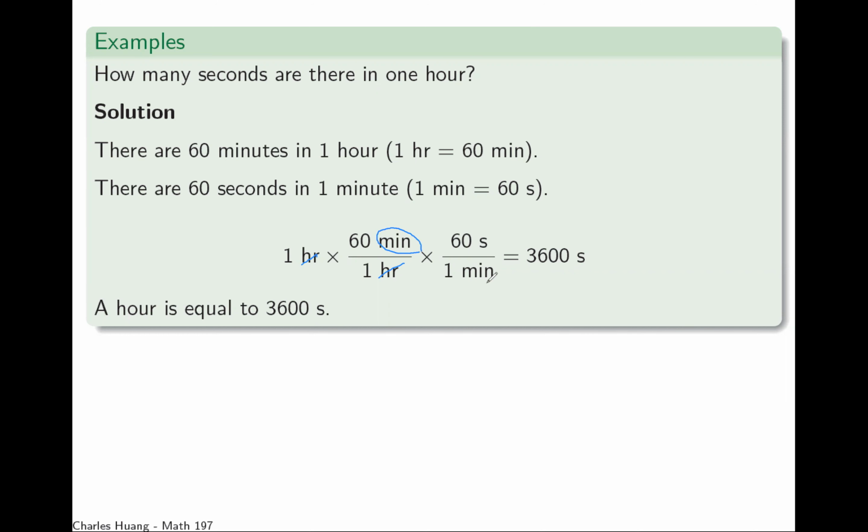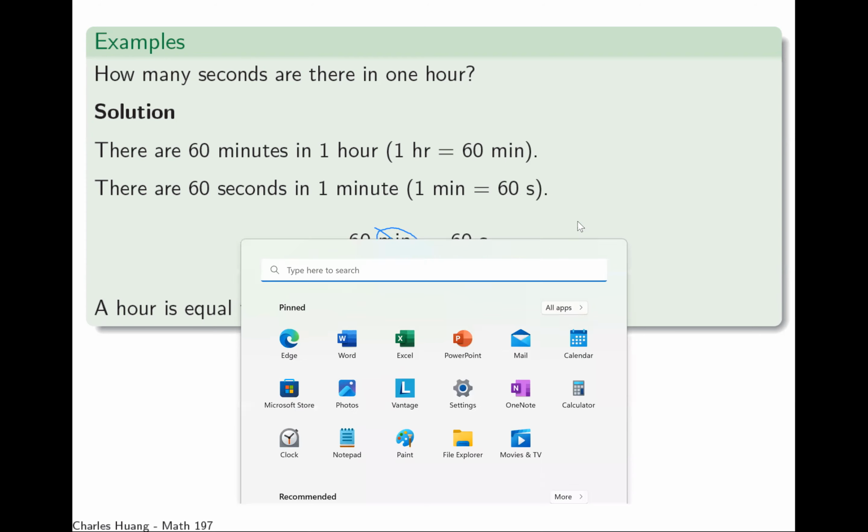So for the second conversion factor, we want to put minutes at the bottom, 1 minute in the denominator, and then the 60 seconds will go in the numerator like that. By doing so, we can remove the minutes. And now when I multiply everything together, I'll call up my calculator.